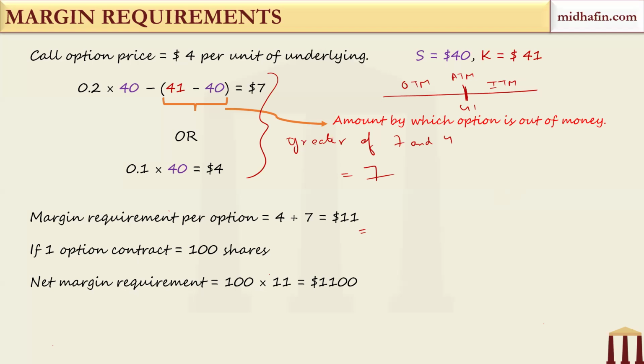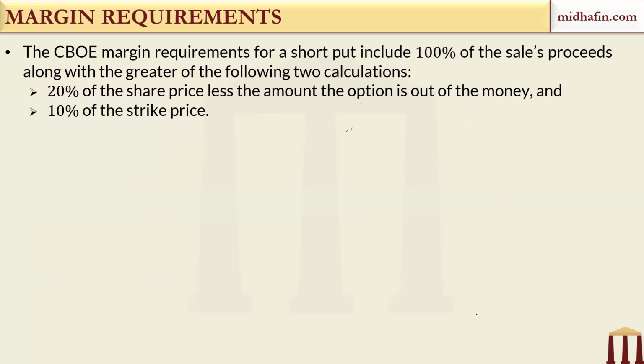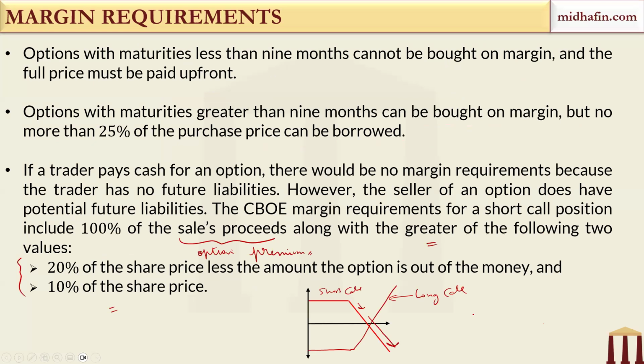Okay, so is it clear to everyone? Yes, please go ahead. Sir, can you go to the previous slide? Yes. So they have mentioned the two requirements, like 20% of the share price less the amount the option is out of the money. So whether it is out of the money or in the money, we will get to know only on the date of maturity, right?